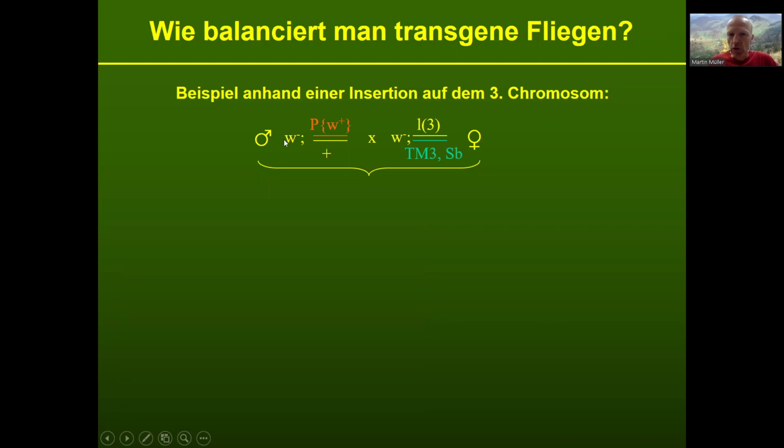On the X chromosome, it's white minus. Otherwise, if it would be white plus, we would not see it. So on the X chromosome, we have a white minus background, we call it. And we could identify this insert because the white gene here, inserted on the third chromosome, complements for the loss of white on the X.